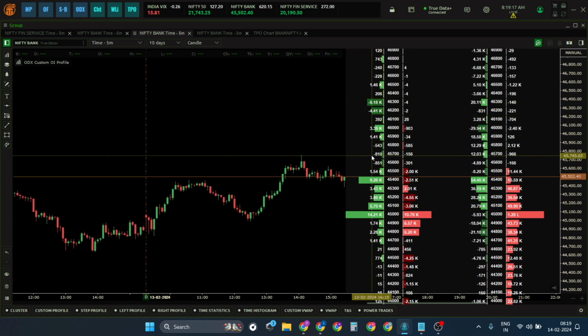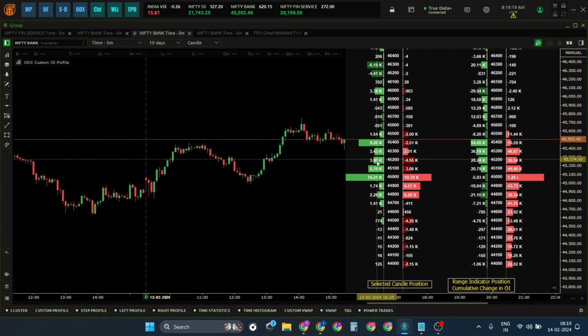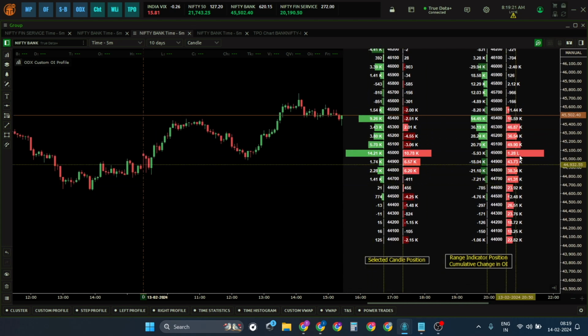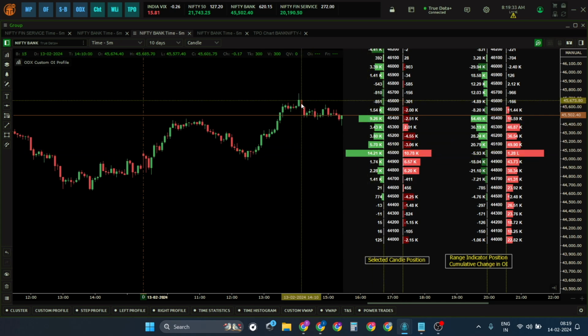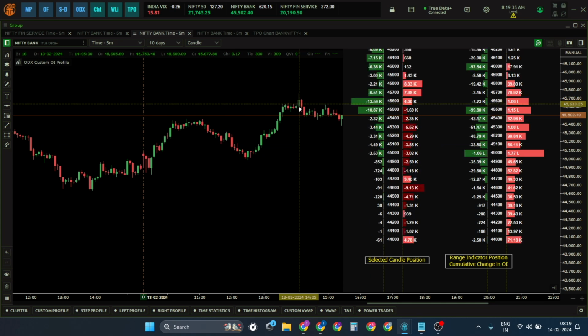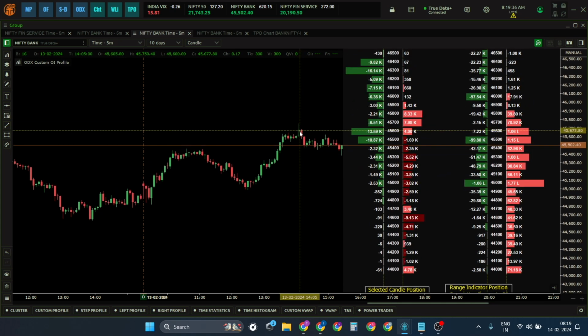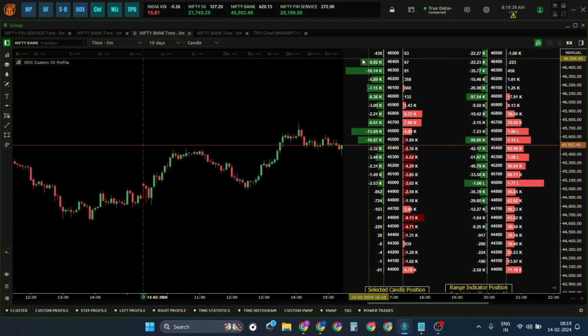Now you understand why we see puts and calls. We see all this from the perspective of the option seller. OI data we see from the perspective of the option seller. If I click on this candle, you can see that in this particular candle the call side positions are booked, which means short covering, and longs are also covered.